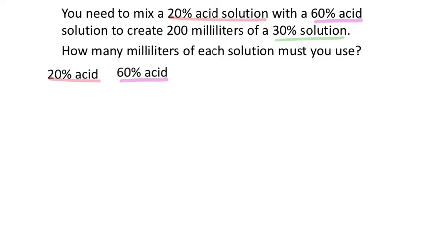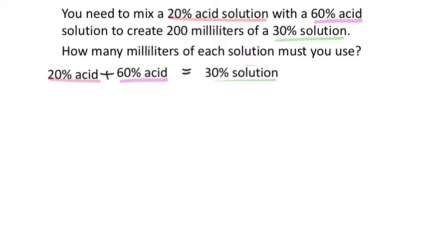We need to acknowledge that when we combine those two, we should end up with a 30% solution. Now, this is not the equation. This is how the equations are going to set up, though. So please don't get those confused.